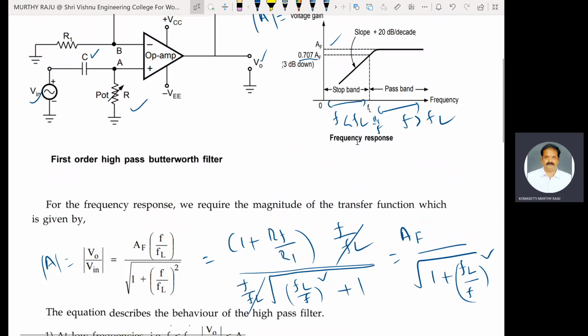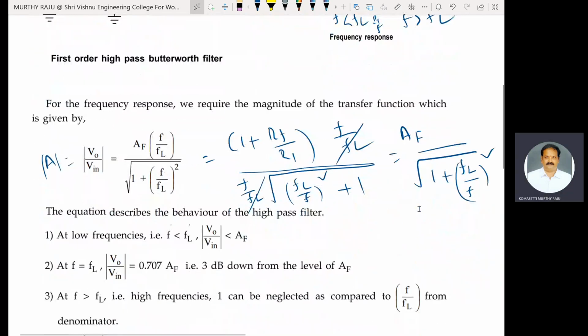In the frequency response curve, at low frequencies, that means F less than FL, mod V0 by Vin is less than AF. That means FL is high, and the gain increases like that at low frequencies.